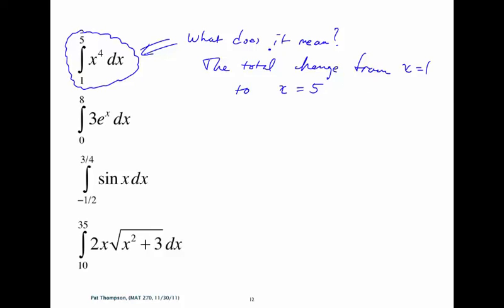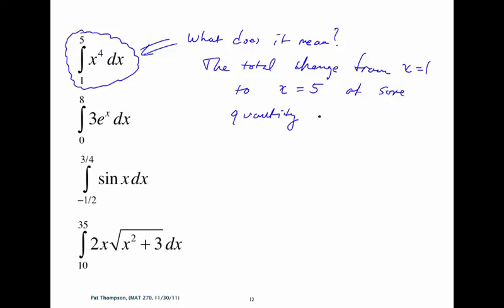So in a situation, what's the general idea? There's some quantity, right? So total change of some quantity. You're thinking the y value. And what do we know about that quantity? It's changing at a rate of x to the fourth over an infinite number of infinitesimally small intervals along 1 to 5.